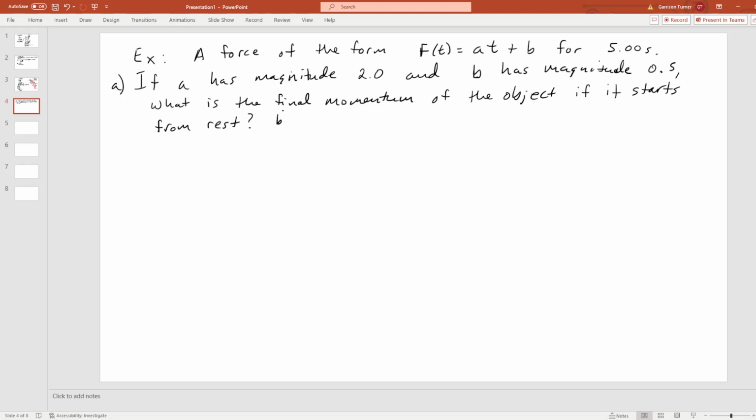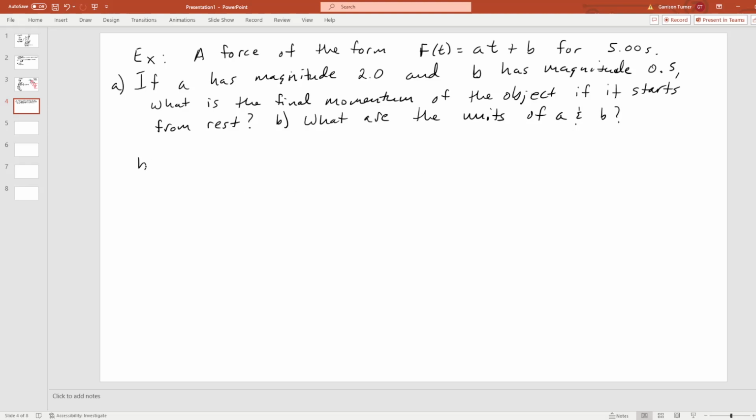a part B here. And that is, what are the units of A and B? Okay.